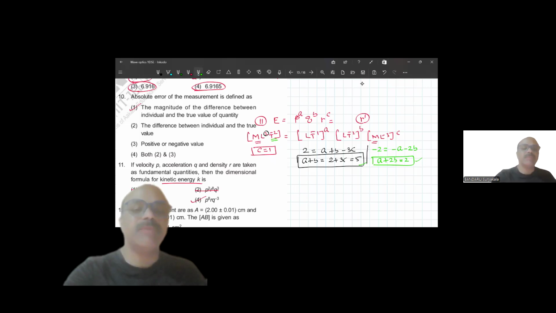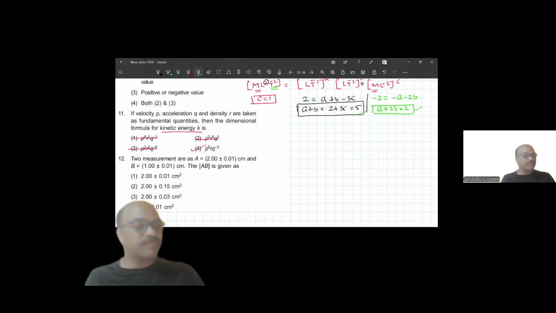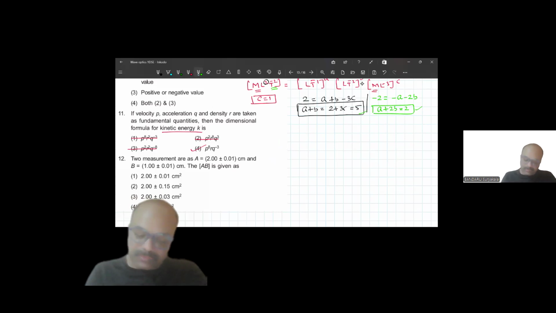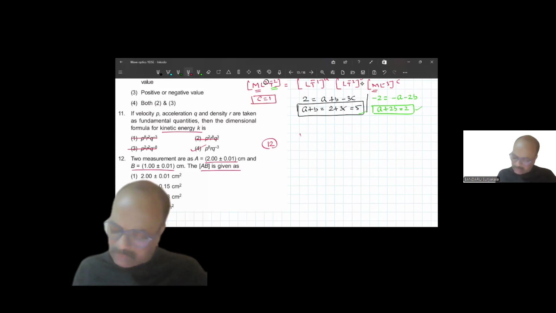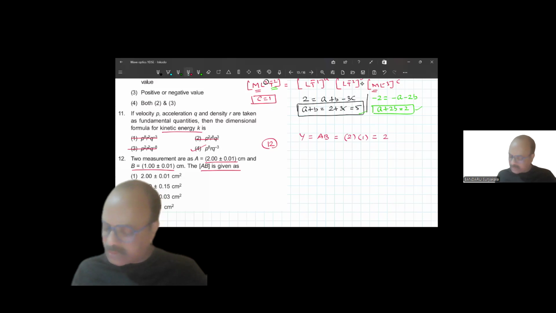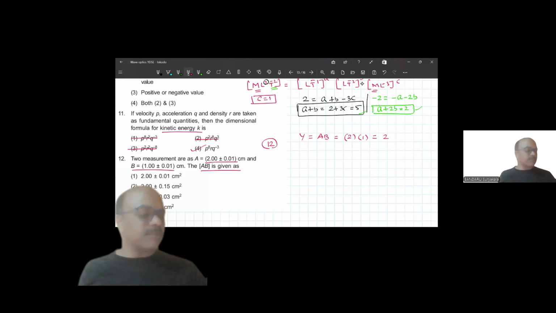Next, see the problem number 12. So the measurements are A equals 2 into 10, 0.01, B equals. Then A into B we are asked. So if you take Y equals AB, A is 2, B is 1, so it becomes 2 units, or 2 centimeters we can write.